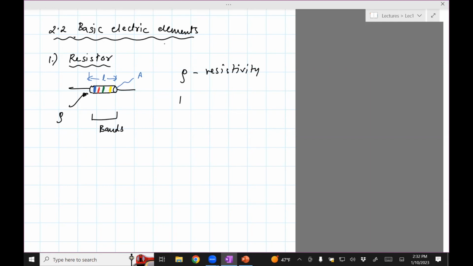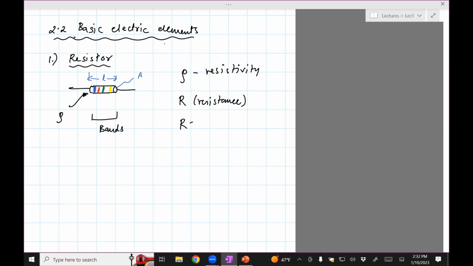Okay, so R is the resistance. What do you mean by resistance? Resistance is something which resists the flow of current. So the bigger the resistance, the bigger the opposition to current. Think of resistance as mass. The bigger the mass, the more difficult it will be to push something from rest, right? So the bigger the resistance, the harder it is to send current through it.